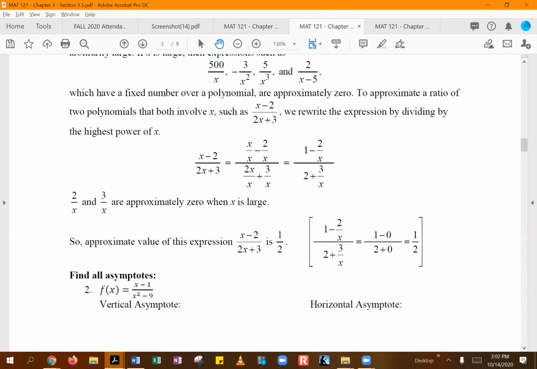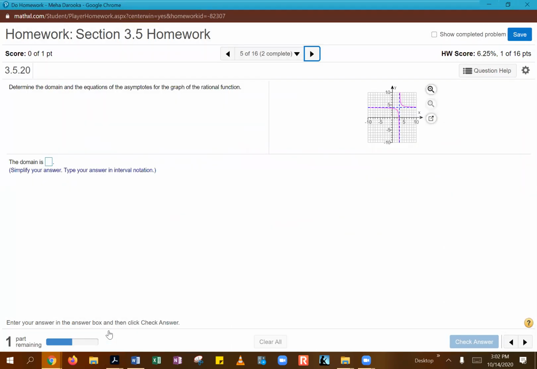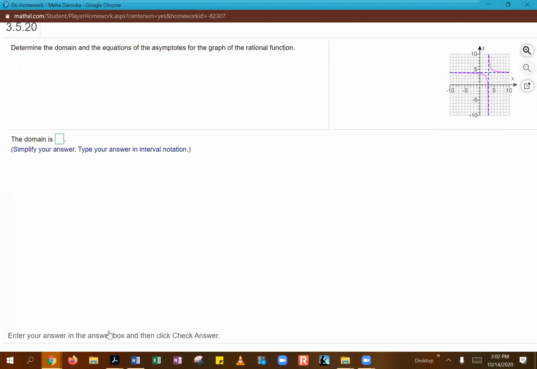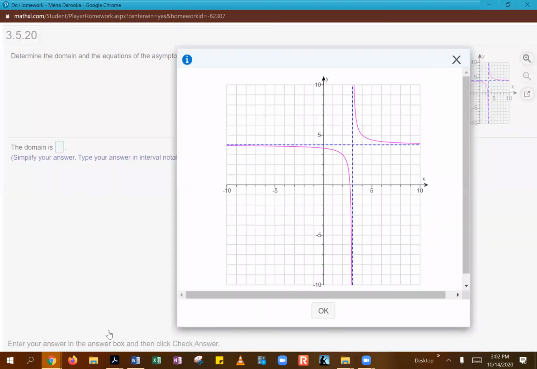So let's actually take a look at how we can identify some of these asymptotes. So we'll start out with this example. This is actually giving you the graph and asking you to come up with the domain and the asymptotes.